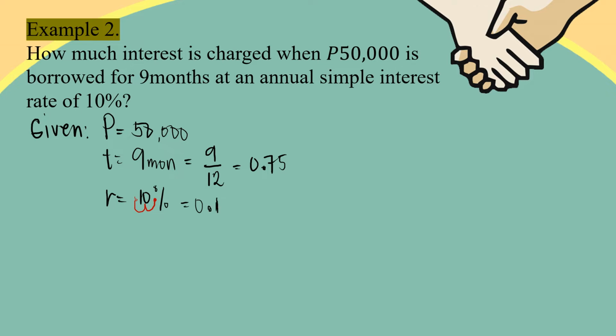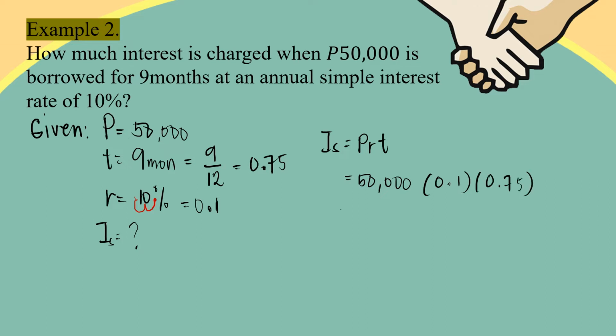0.1. Then, ang hinahanap ay si interest. How much interest daw? Okay, so input natin sa formula ng interest. So, ang interest natin ay principal times rate times time. Then, ang principal is 50,000 times rate. Ang rate natin ay 0.1. Then, yung time is 0.75.